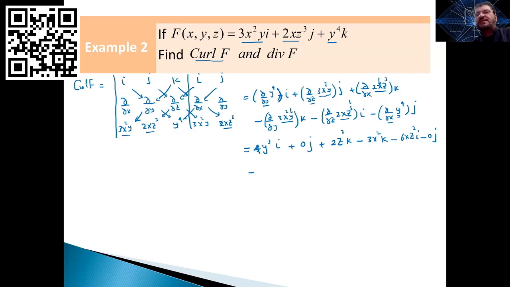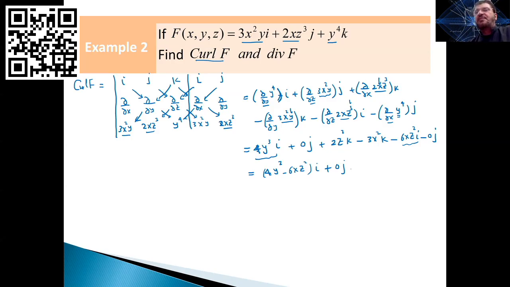So what do we end up with, guys? Let's look at the i. Here is the i, and this is the other i. So we have 4y cubed minus 6xz squared i. Then j, there is nothing, plus 0j. Both of them cancel, but don't leave it, write it down.